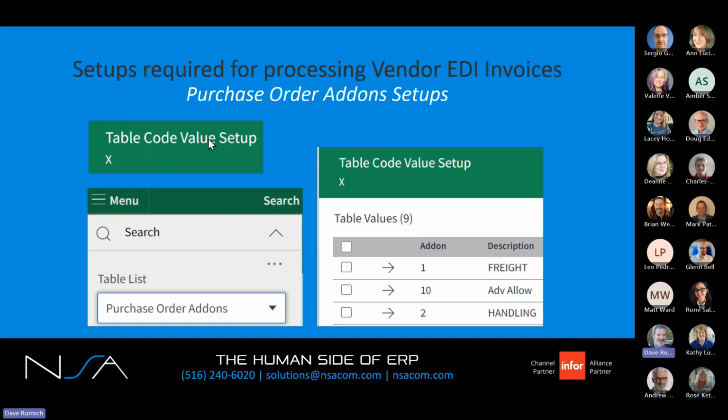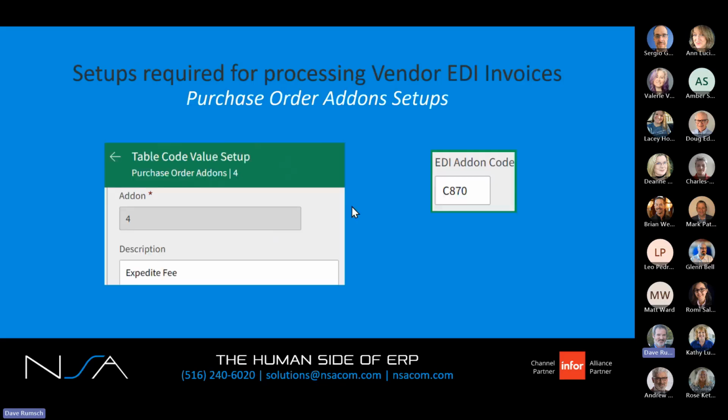So for setting up the purchase order add-ons in the generic code value setup section of the software, you choose purchase order add-ons. Here's an example of 3 of them, one for freight. An advertising allowance is a negative add-on. There are numerous negative add-ons, and this is a handling fee. Those are 3 common ones that are being set up.